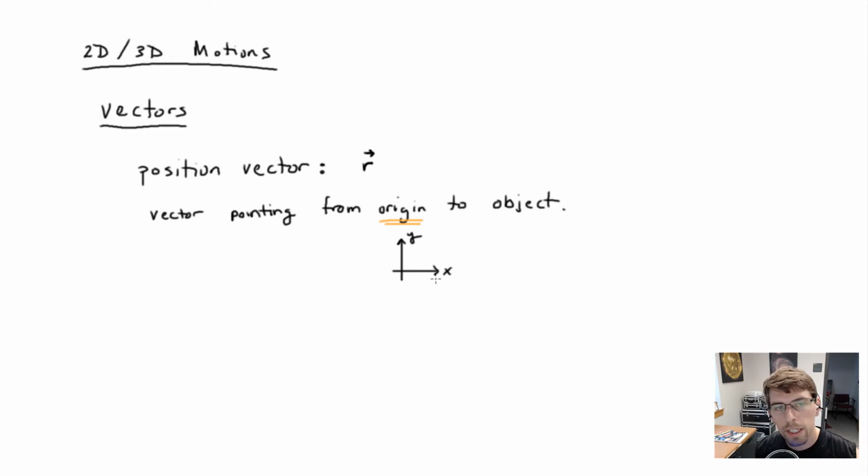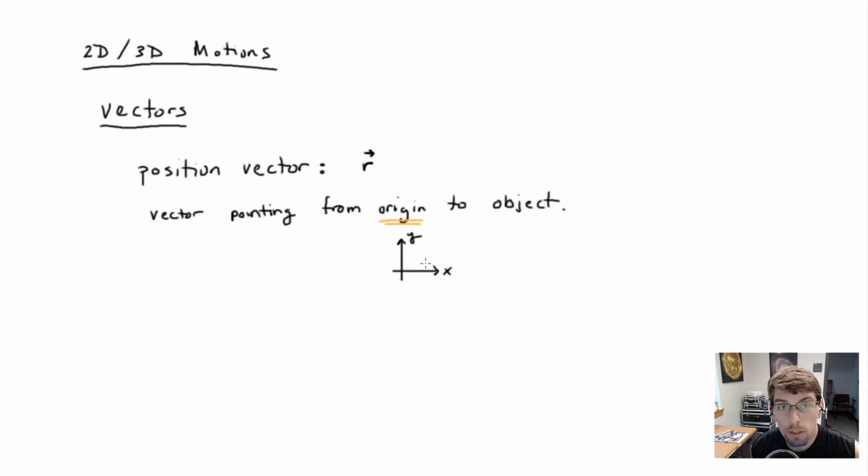Now, I will say again, your choice of axes should not affect the physics. You have 100% flexibility in choosing a coordinate system and where you want to put your origin and how you want to have your axes oriented. Choose the orientation that makes your life the easiest. With great power comes great responsibility. A good choice of axes will make your life easy.